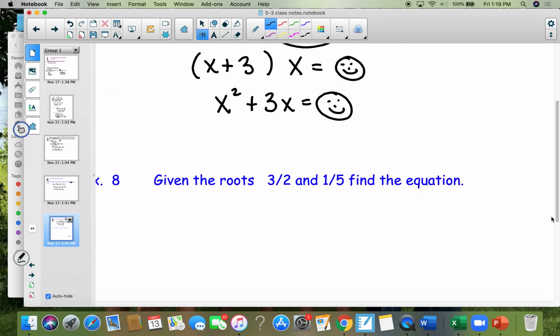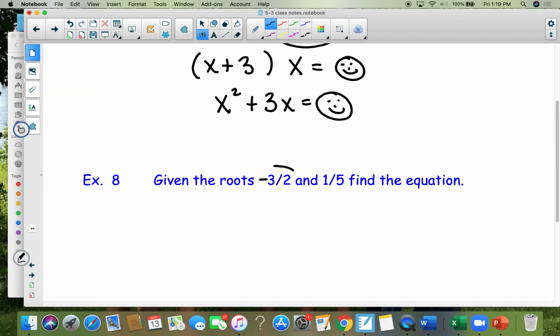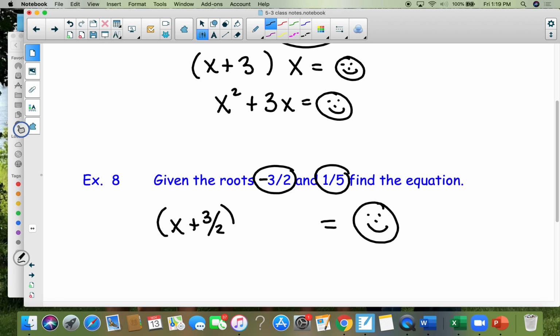And again, let's make this one a negative 3/2 and a positive 1/5. You're going to do exactly the same thing. Fractions are not that difficult. You're going to put an x plus 3/2, and you're going to put an x minus 1/5.